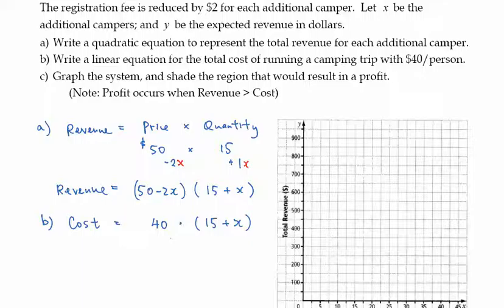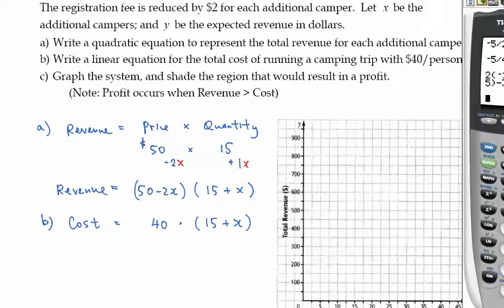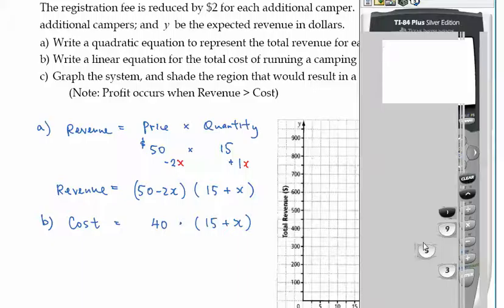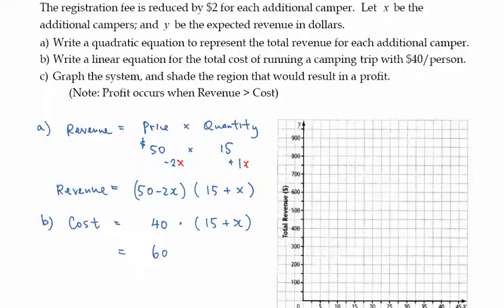If you don't like how this equation is presented for now, you may want to work it out and try 40 times (15 plus x). You just end up with a straight line: 600 for the y-intercept and positive 40 for the slope.